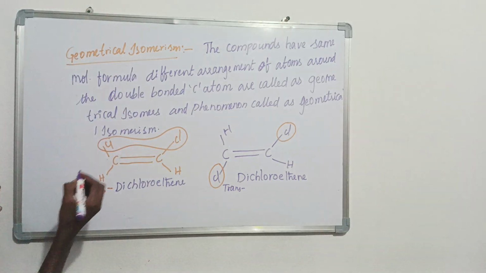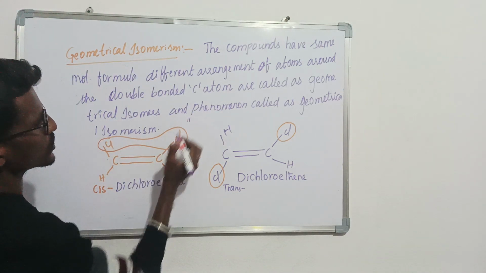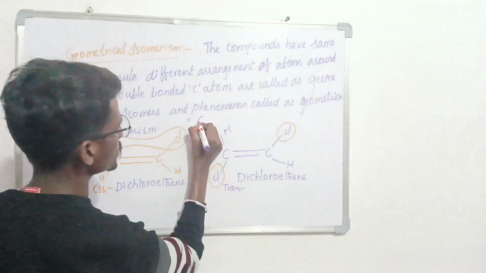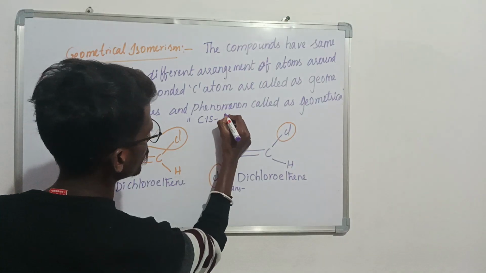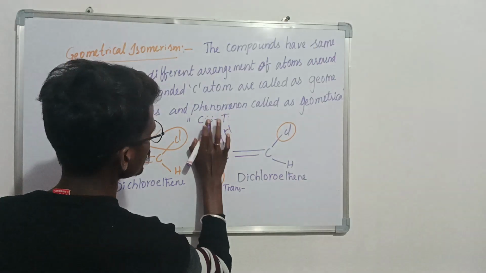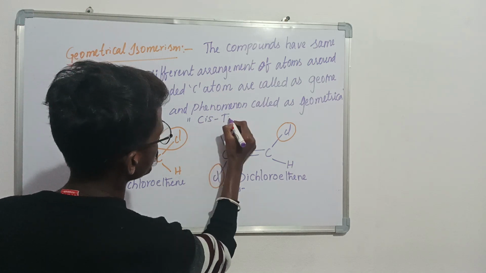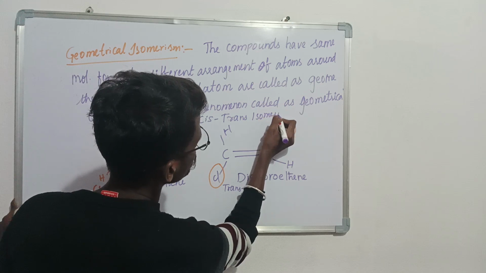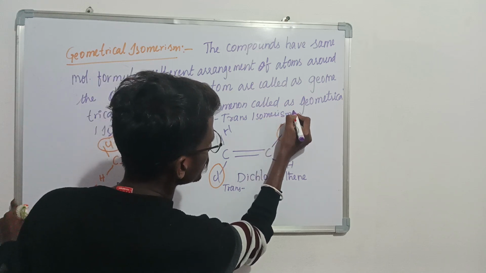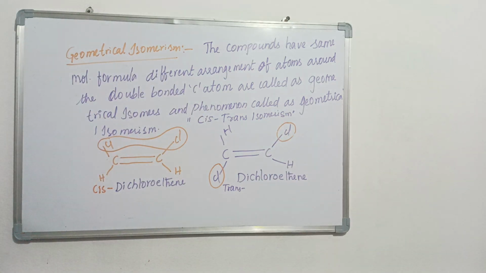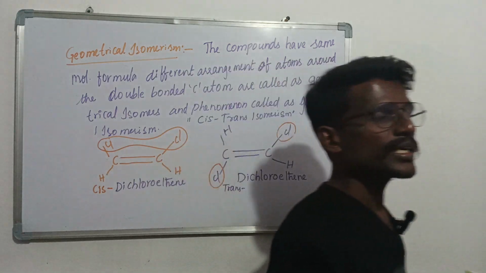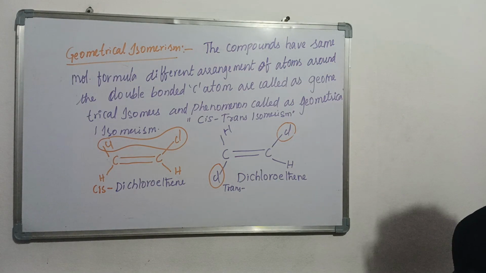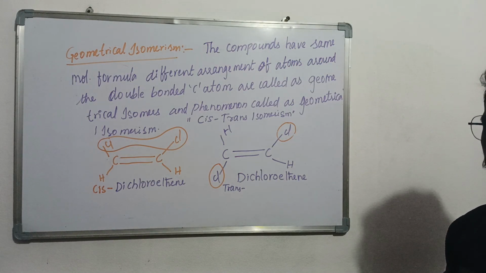Hence this type of geometrical isomerism is called cis-trans isomerism.